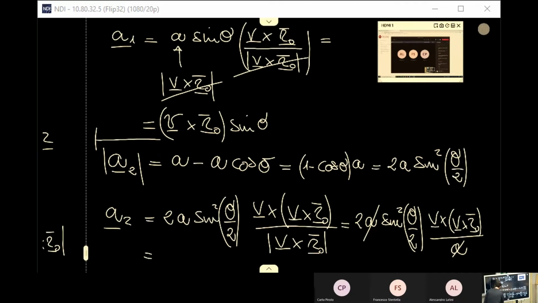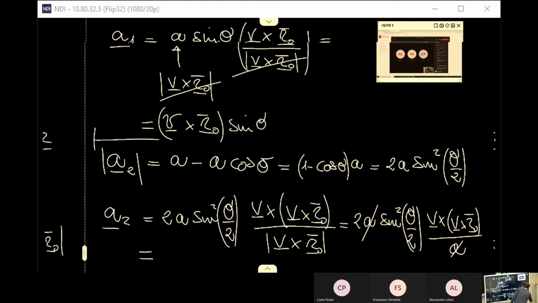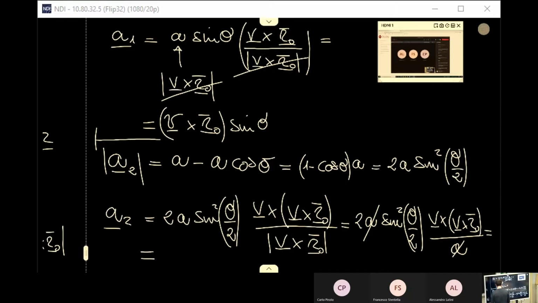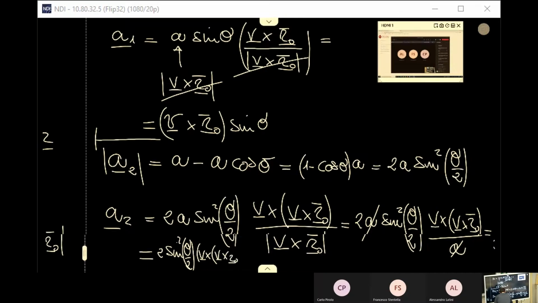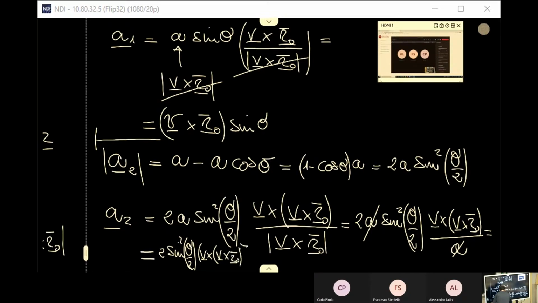I will write it here just not to go to another page, so it's included everywhere. So let's do like this. So this is 2 sine of theta divided by 2 squared multiplied by v applied over v times r0 over bar. Okay? Is this okay with you?